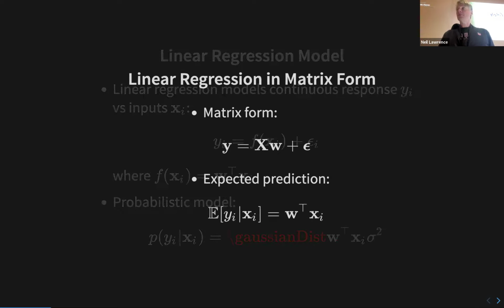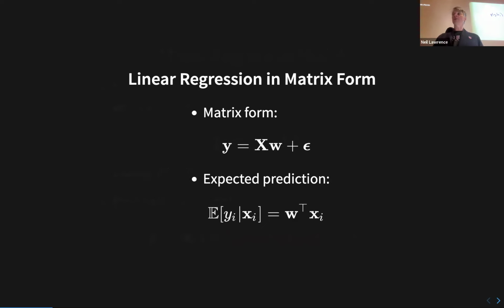So that in matrix form has the following shape: y is equal to a matrix X that we think of as the design matrix, and we'll review design matrices in a moment, times a vector W. This matrix X is in the real numbers, n rows and p columns. If we're using p, we could use d as well if we were being more machine learning.